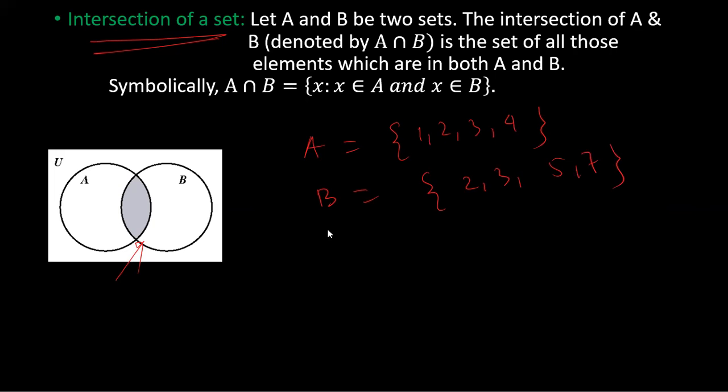So intersection is defined as A intersection B. We will take only the common elements. 2 is common here. 3 is also common in both sets. So this will be written as 2 and 3. This is nothing but the intersection. Union will take all, including the common elements and other than common elements. In the intersection part, we will take only the common elements of two sets.